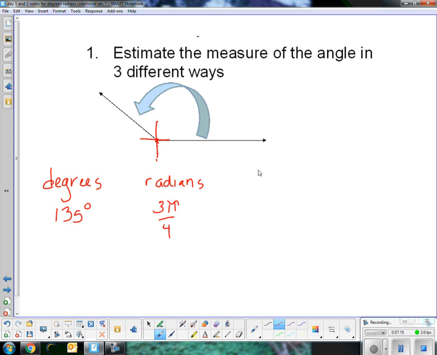If I wanted to look at it as a decimal, then I would have to guess: if this is 1.57 and this is 3.14, and I'm just doing an estimate, I would want to pick a number that's halfway between those two. So maybe, I don't know, 2.4. So radians can be a multiple of pi, or they can be in decimal form without the pi.